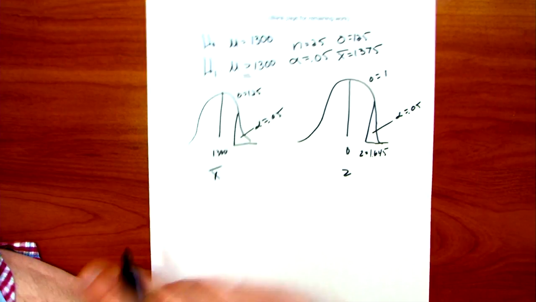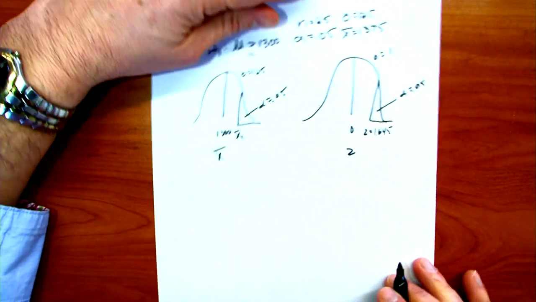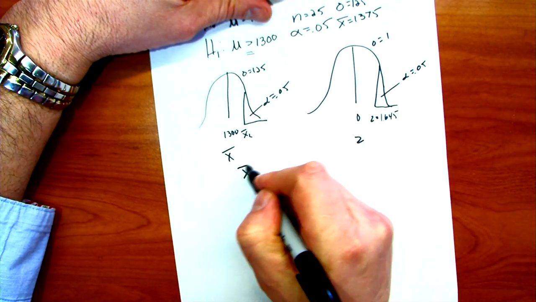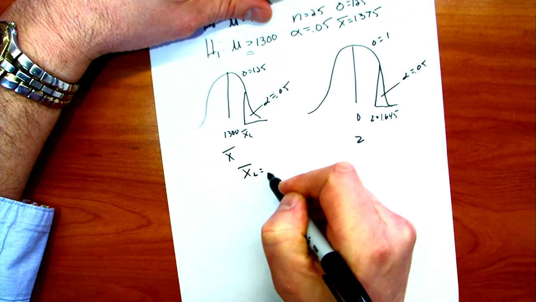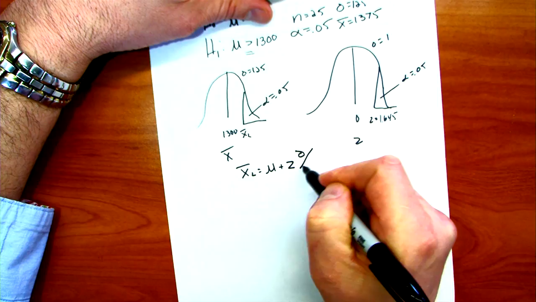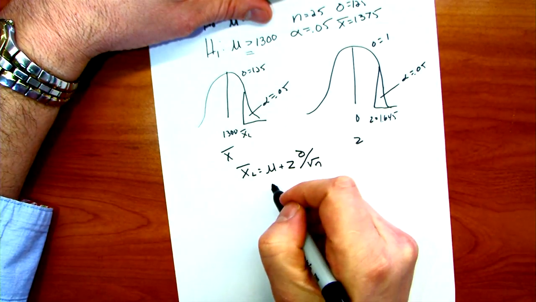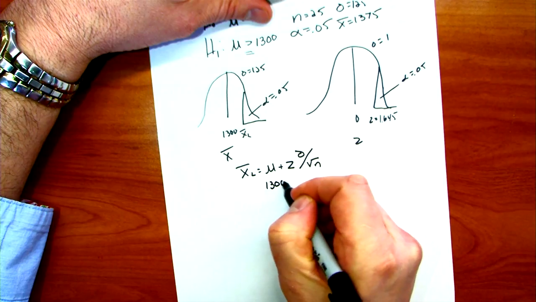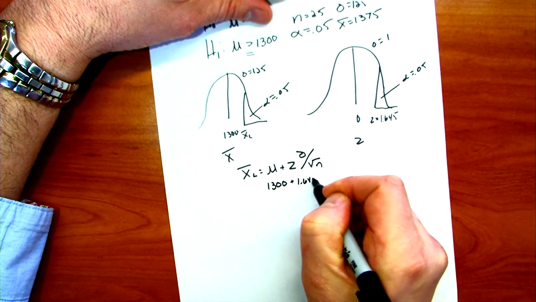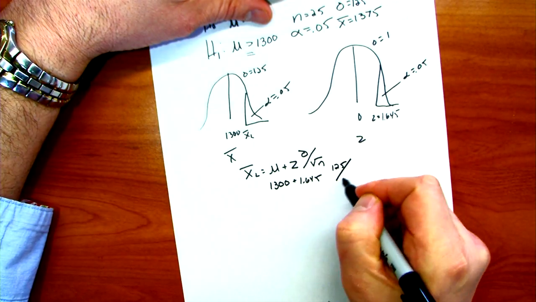Does this make sense? I want to set up my rejection region in terms of x bar, and the formula to do that is x bar lower bound is equal to mean plus z times the standard deviation divided by the square root of n. So let's plug in everything we know. The mean is 1,300. Z is 1.645. The standard deviation is 125.